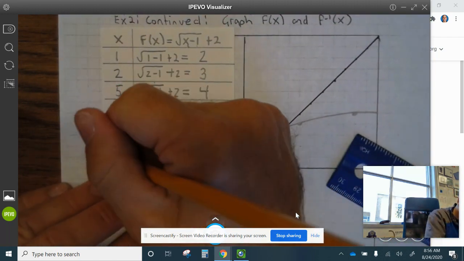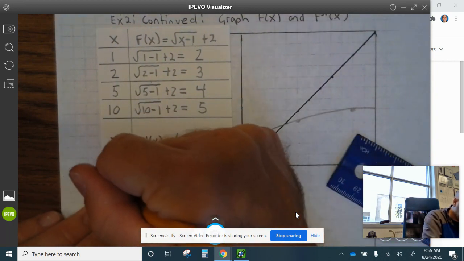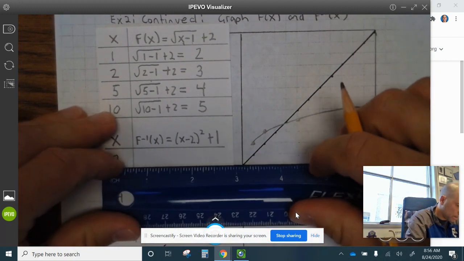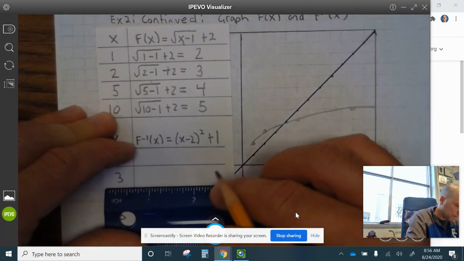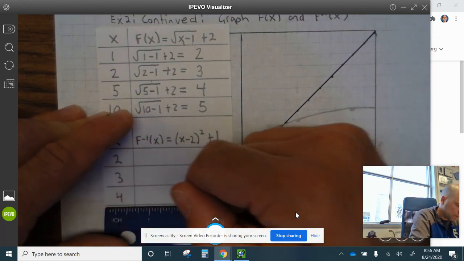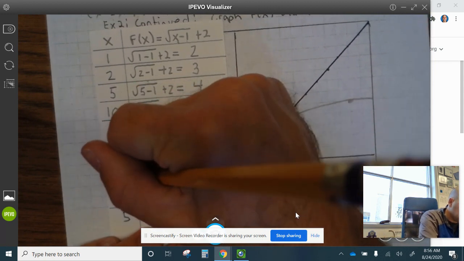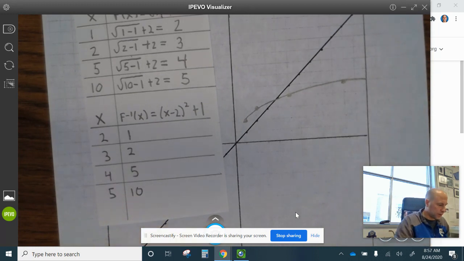So then that's 2, 3, 4, 5. And then 1, 2, 5, 10. Okay, and we're going to do that in yellow.